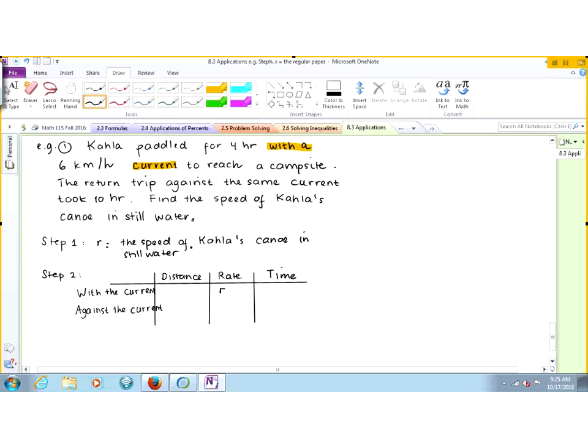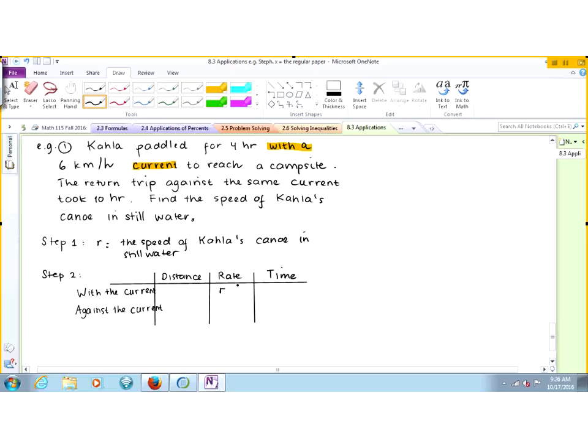Now what is the actual speed if the boat is going with the current? 6 is the speed of the current, right?